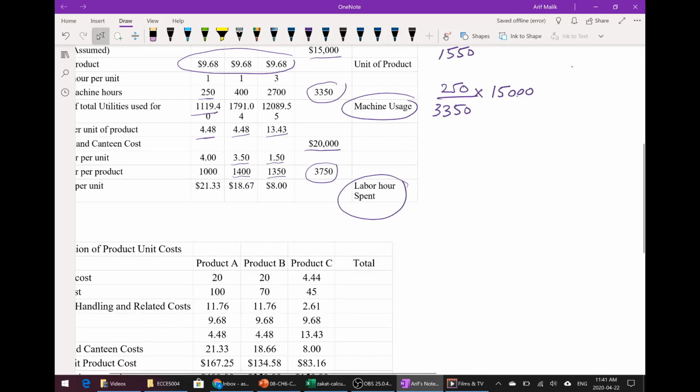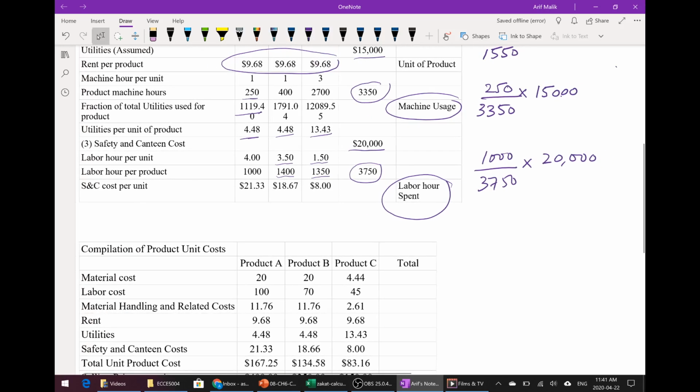And then we can find the fraction, the same way. We have 1000 divided by 3750, multiplied by the total overhead cost for safety and canteen, and that is the amount we got, which is not given over here. One step is missing in this table.